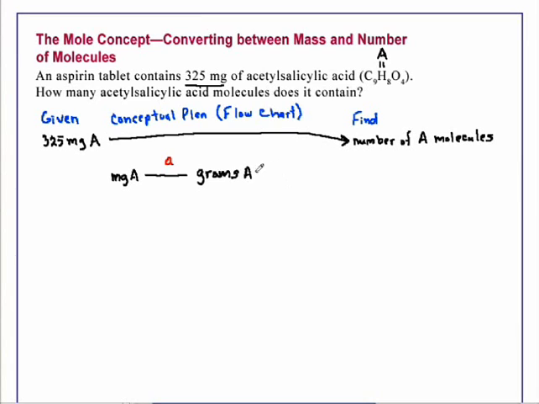But a key link in solving problems like this is moles, because moles are related to what we can measure in a laboratory. That's grams. And it's also related to something we can't see in a laboratory, and that's molecules.